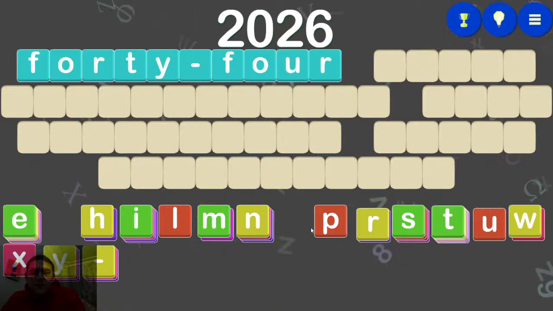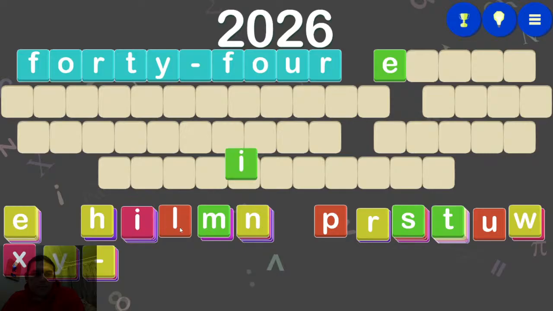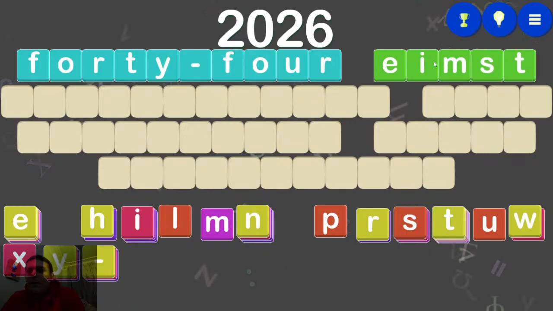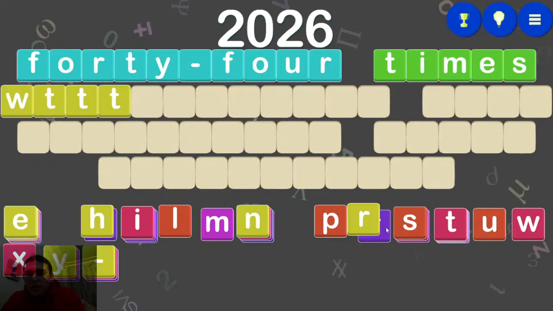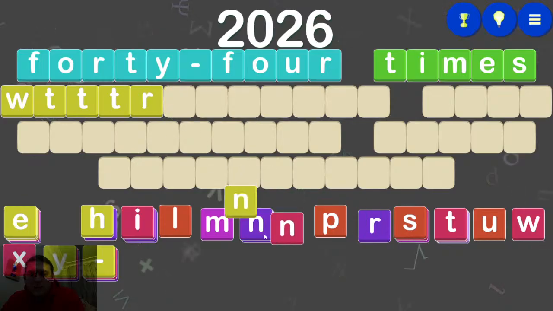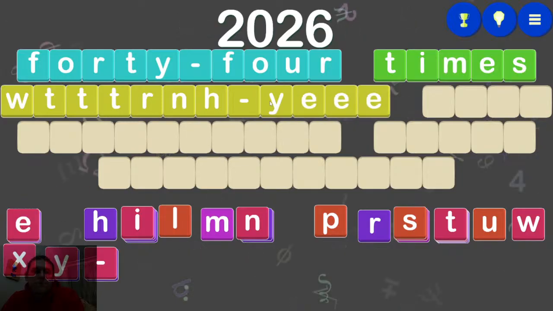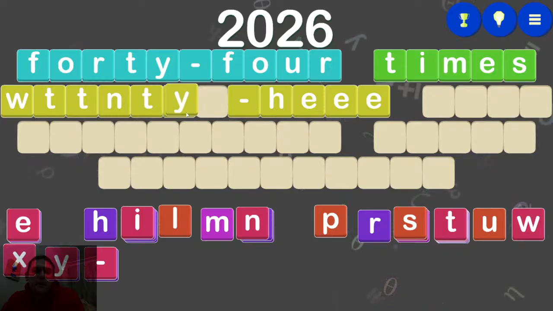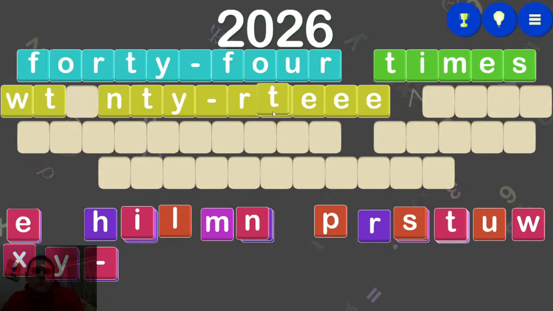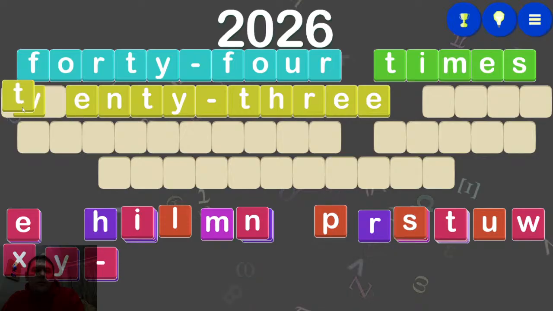All right, so what next? This is what times. Yeah, 44 times something. Times, I think this should be yellow letters. Times another big number. Of course, there should be T, maybe 3, yeah? 3. And so it is 23.